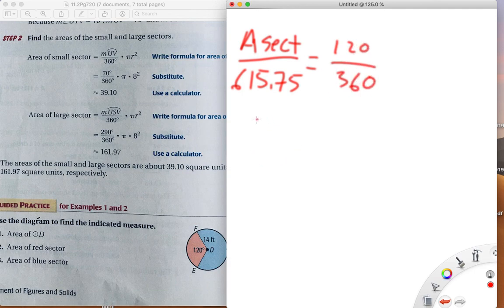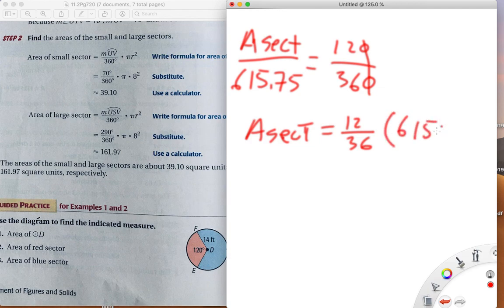So then the area of the sector is equal to 120 over 360, or 12 over 36, cross off my zeros, times 615.75.